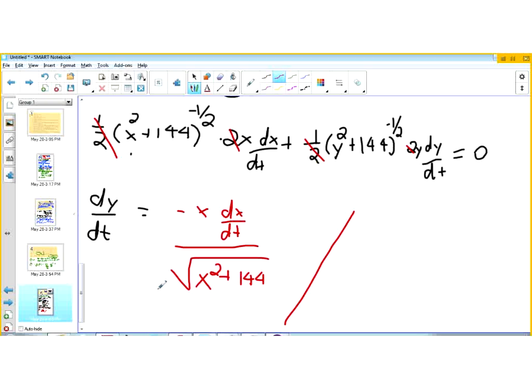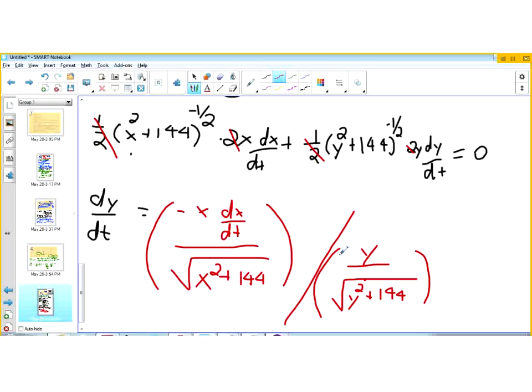So if we bring this term over to the right-hand side, and then we have to divide all of that by y, divide it by the square root of y squared plus 144.